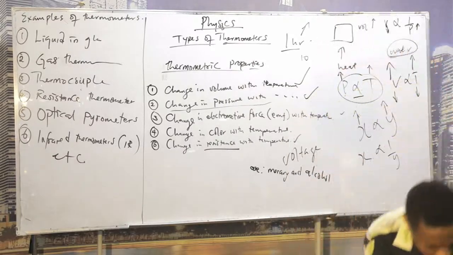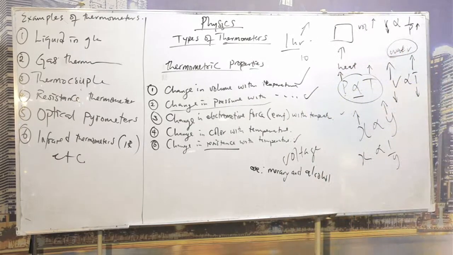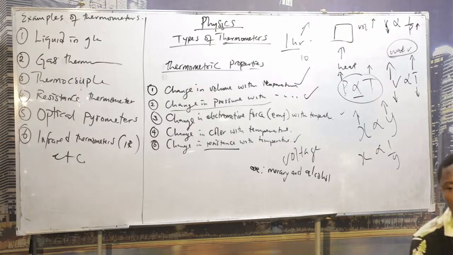The two most commonly used liquids are mercury and what? Alcohol. Mercury and alcohol. Full stop. So if WAEC or any other exam asks you which of these liquids are mostly used in thermometers, the answer is mercury and alcohol.